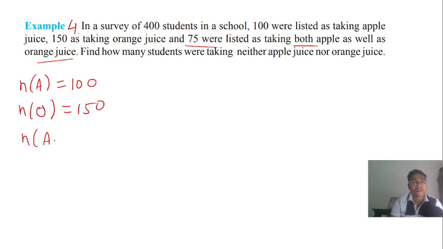That means apple and orange juice is 75. They are asking how many students were neither taking apple nor orange juice.